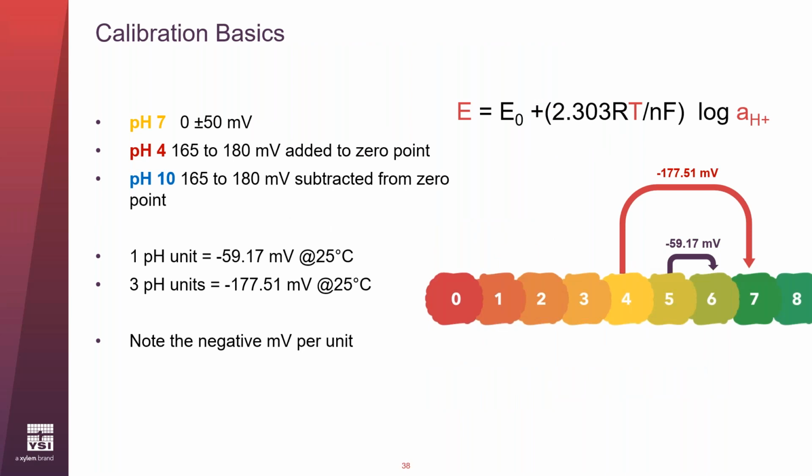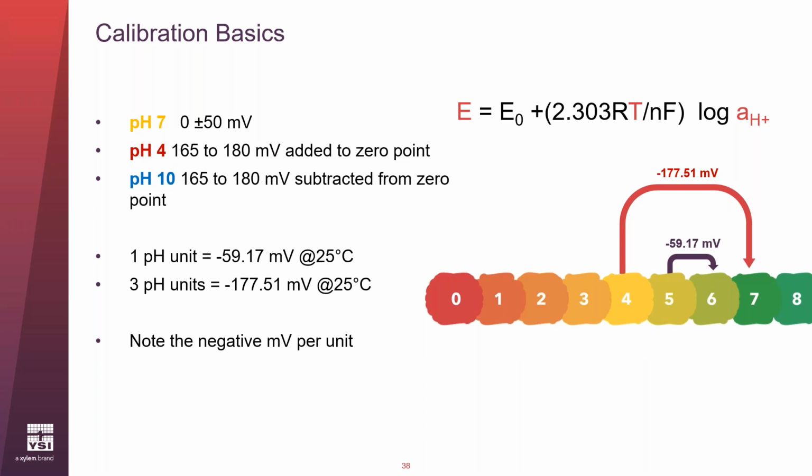All right. In pH 7 buffer solution, we do expect to have a measured voltage of 0, plus or minus 50 millivolts. This point is what we call the 0 point. In pH 4 buffer solution, 165 to 180 millivolts gets added to the 0 point measured in pH 7 buffer.